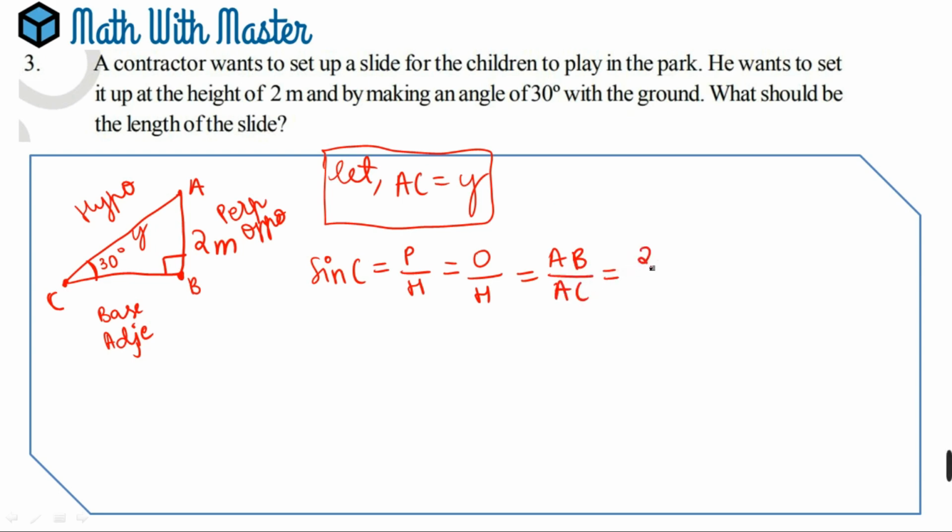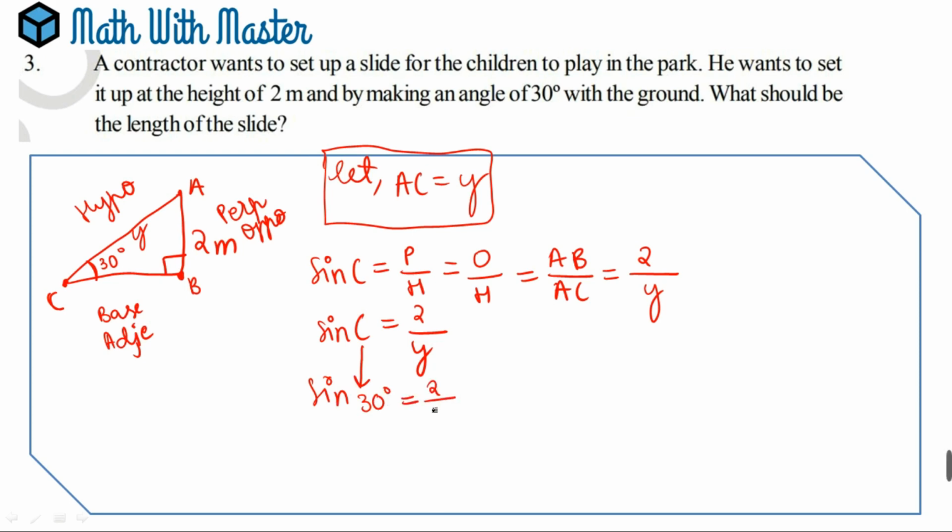Which is equal to AB upon AC. What is AB? 2 meters. Upon what is AC? Now we have let AC as Y, so it is Y. So here sine C is equal to 2 by Y. So instead of sine C, I can put the value of angle C. What is it? 30 degrees.